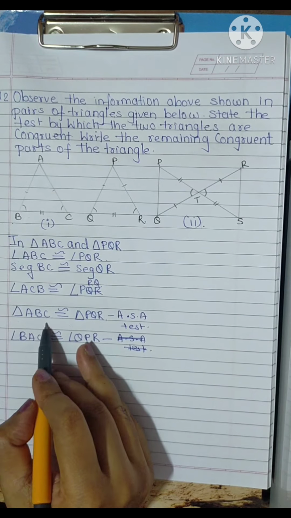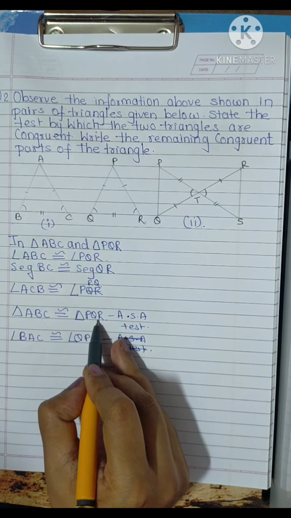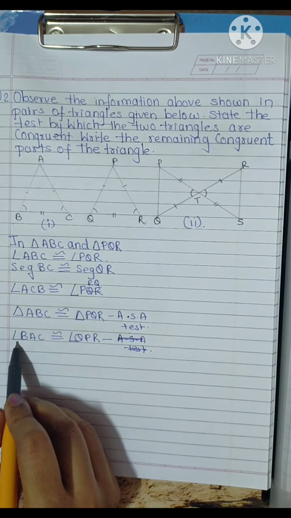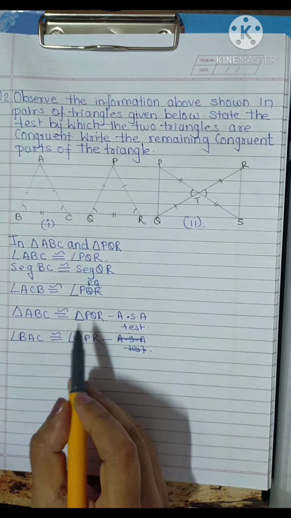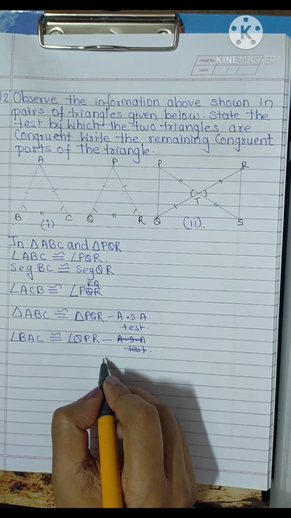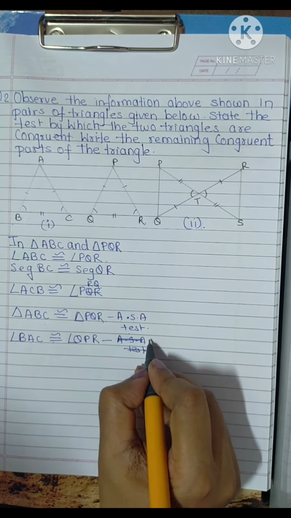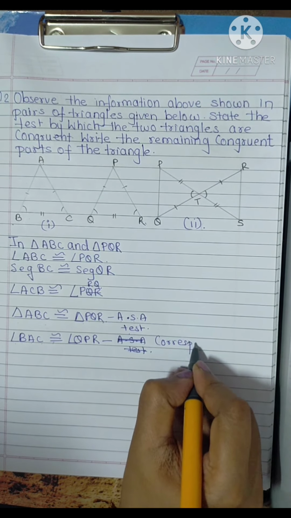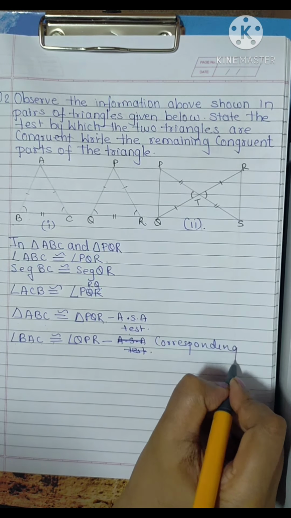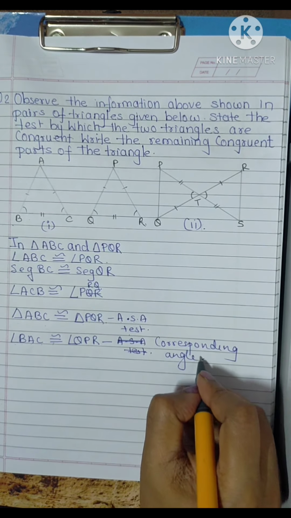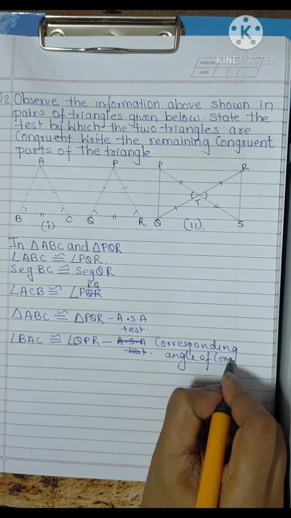See, triangle ABC is congruent to triangle PQR because of the ASA test, and angle BAC is congruent to angle QPR because of corresponding angles of congruent triangles.